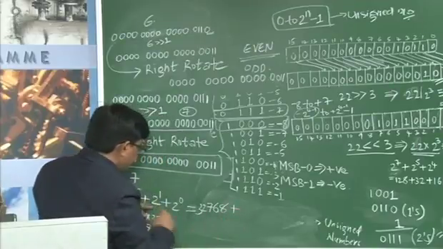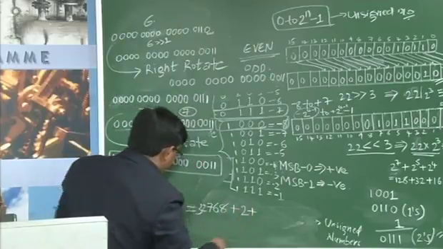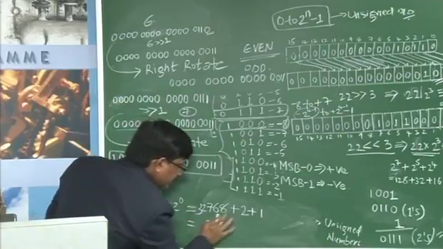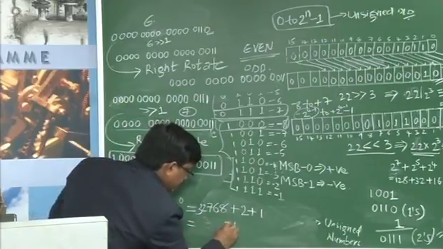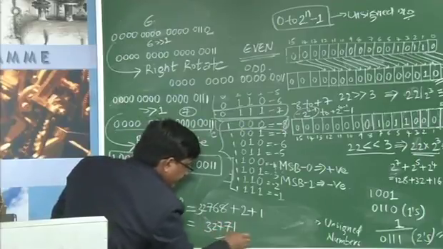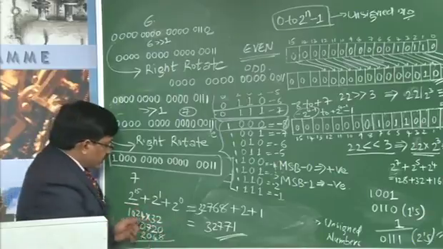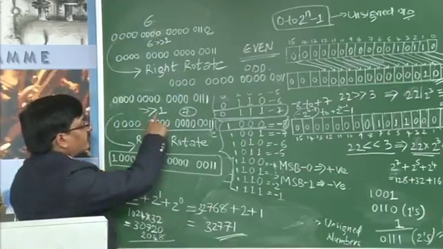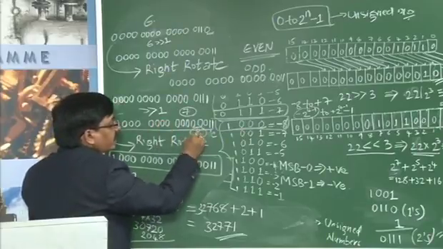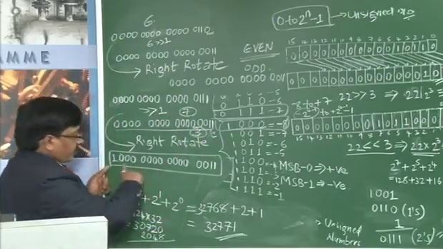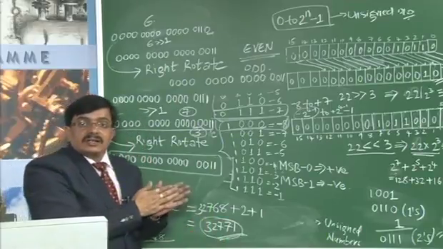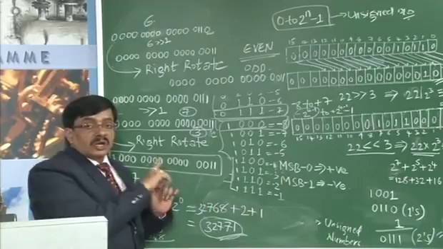Plus 2 raised to 1, which is 2, plus 2 raised to 0, which is 1. This is the same as 32,771. So when I perform the right shift, I get the value 3, whereas after performing the right rotate, I get the value 32,771. Based on this knowledge, we have to program this.